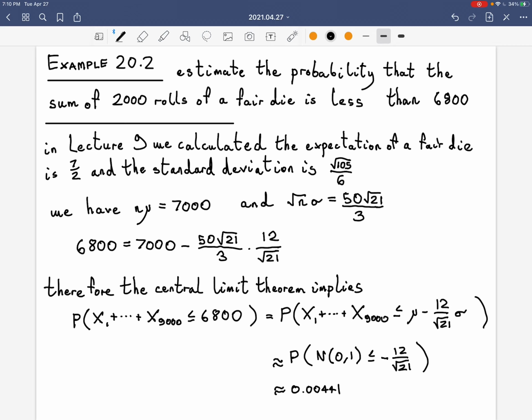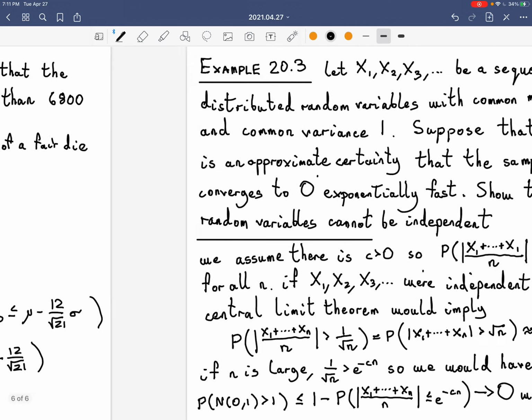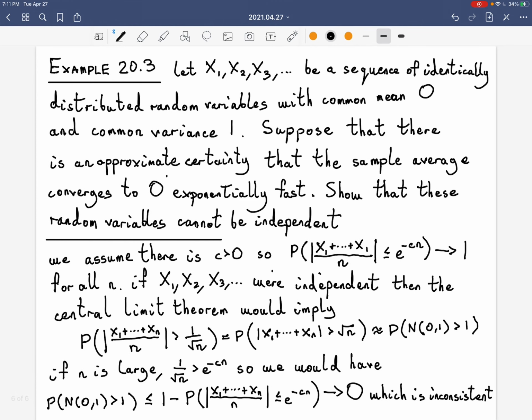So the central limit theorem can not only give you detailed information at a single level of probabilistic order of magnitude, it can also tell you that something is actually like several orders of magnitude smaller than you might guess with an intuitive heuristic.